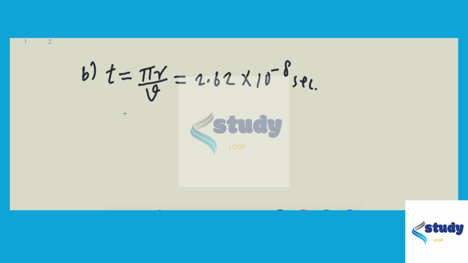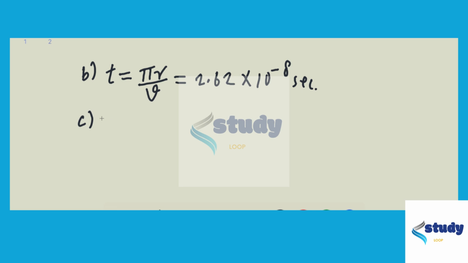Now, we have the next one, which is part C. If we apply an electric field, we want to find the potential difference that is needed to move a deuteron from rest to acquire that speed, which is 8.33 times 10 to the 5 meter per second that we got.